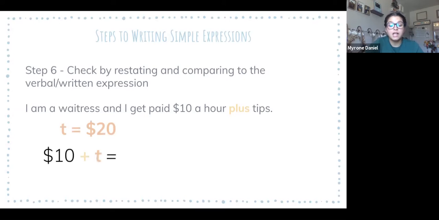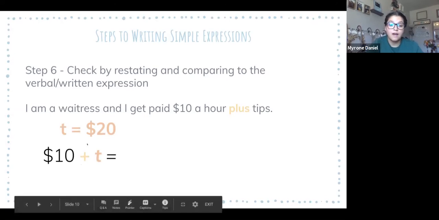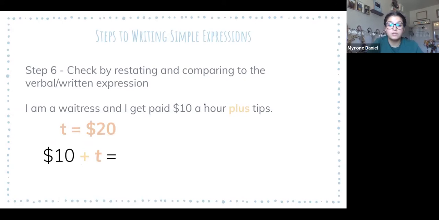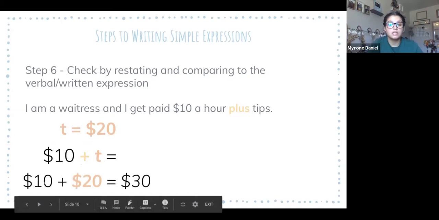So 10 plus T equals the amount of money I made that hour. We have our plus because we know that we're adding our tips to our hourly wage of $10. And we know that our tips are going to be 20, so our expression should be something like this. $10 plus 20 equals 30.